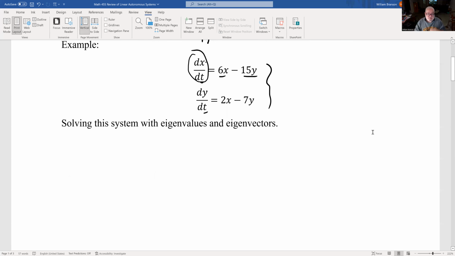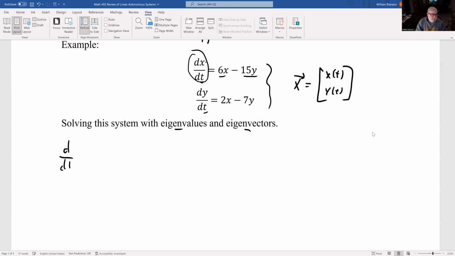So we can solve this system using eigenvalues and eigenvectors. This is a nice linear system. I can rewrite it as, if I set capital X equal to the vector x of t, y of t, then this system becomes the derivative of the vector x of t equals M times x of t, where M is the matrix of coefficients from up here.